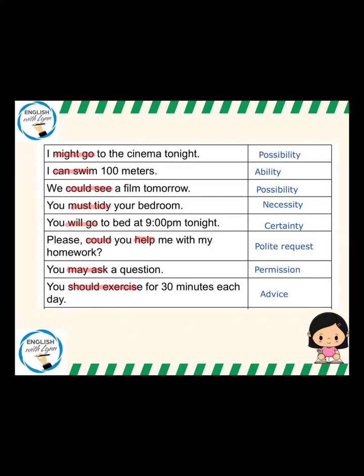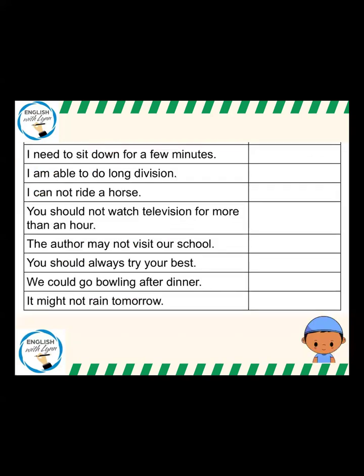Okay, so I will save the first half of the sheet so that I can send that through to parents once we've finished. Moving on to the bottom part of the sheet, where we've got "I need to sit down for a few minutes."